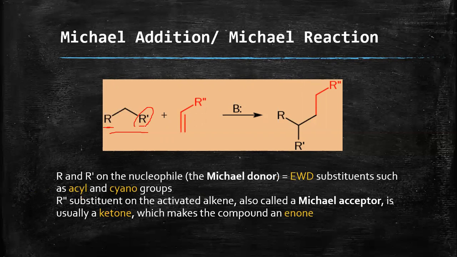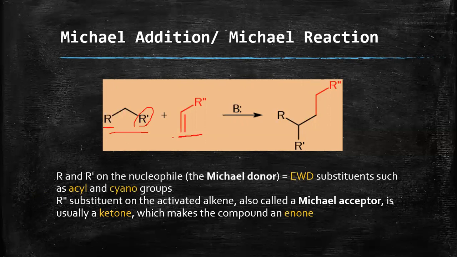Due to the presence of electron withdrawing groups, the methylene group here becomes more acidic, and therefore the base would attack on this carbon and abstract a proton from here and convert it into the enolate, which would act as a nucleophile.